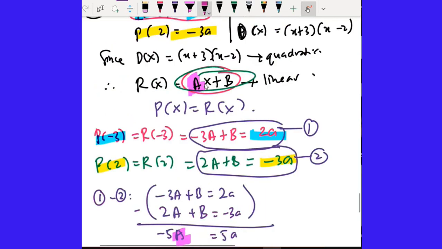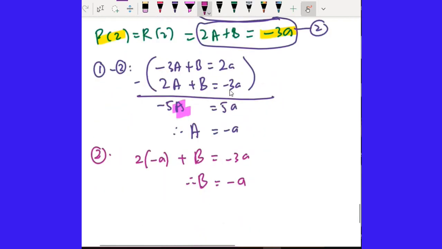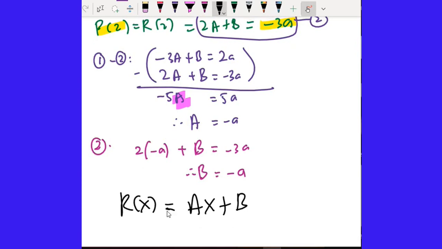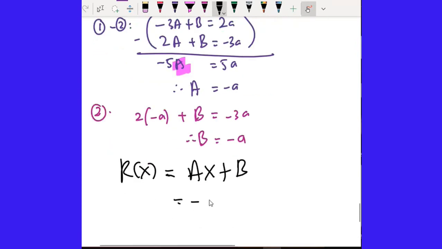The remainder is ax plus b. Substitute: negative Ax minus A. Then we factorize, take negative A as a factor: negative A times (x plus 1). Settle.